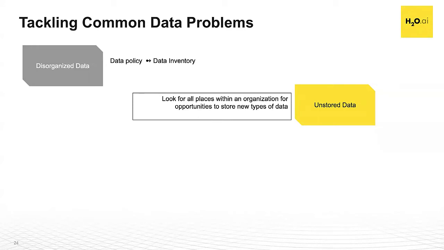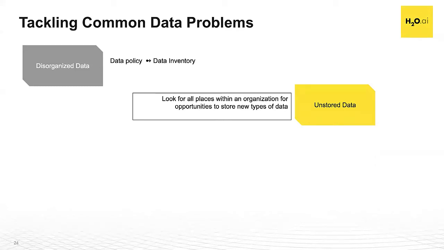The fix for that would be to just start with a list. Take note of every place within your organization or related to your company where you generate data, and then look at the business processes from all corners of your business. There's data pretty much in processes, interactions and procedures.